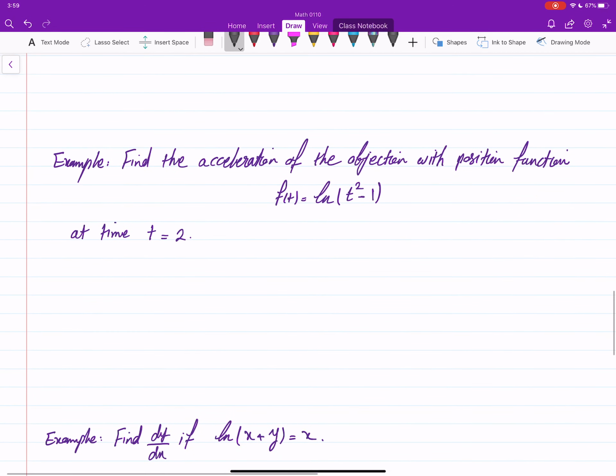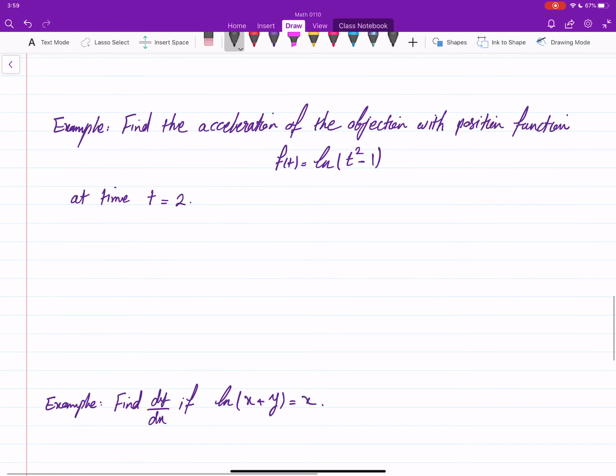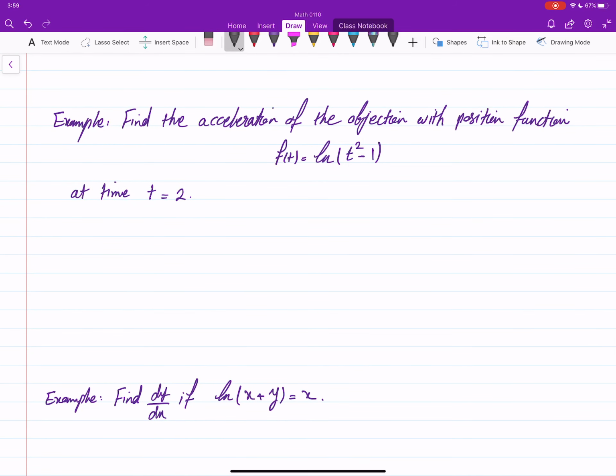One more thing. We have a few more things here. Find the acceleration of a moving object with the position function this at time t. Okay, so remember the acceleration at time t equal to 2 is the second derivative of the function at t equal to 2.